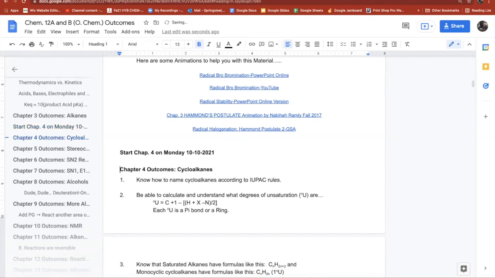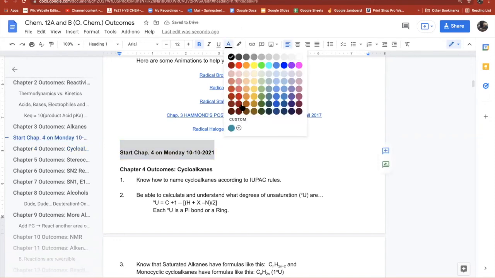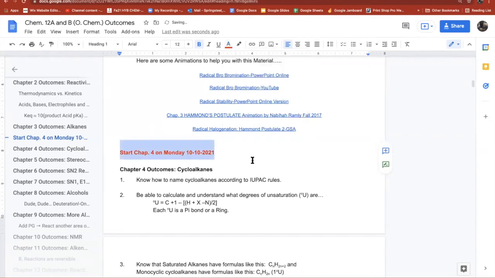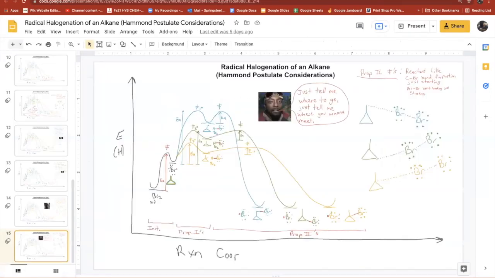On the hydrogen bromide, in propagation step 1, is that an actual product that we draw out on the final products?